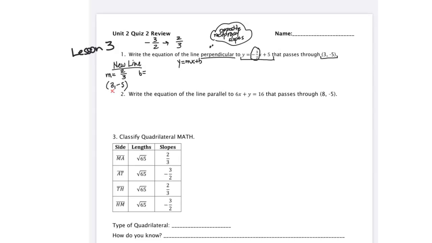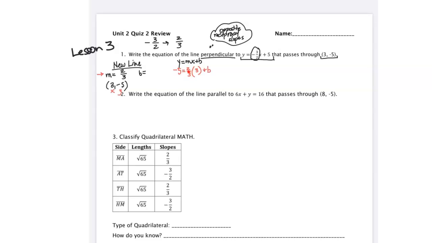We're given our x and our y from our ordered pair, and then we also have our slope, which is m. We plug in all those knowns into our equation, y equals mx plus b, and we'll have negative 5 equals 2 over 3 times our x, which is 3, and then plus our b.